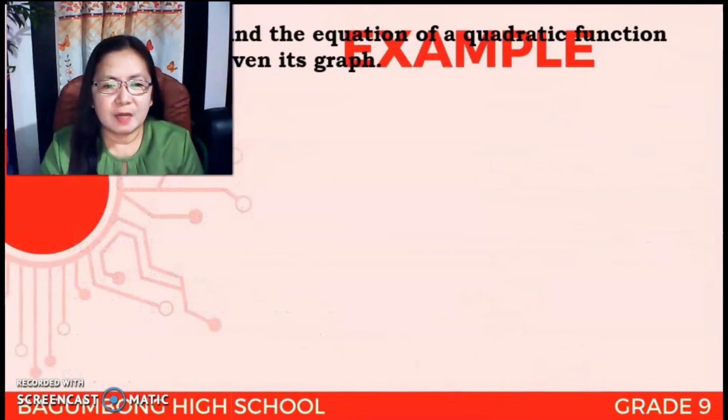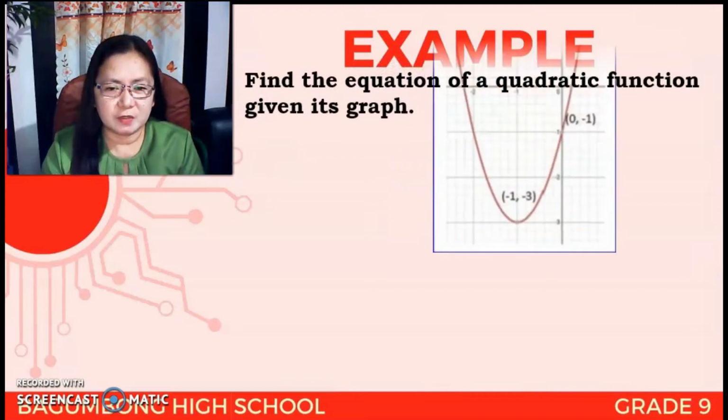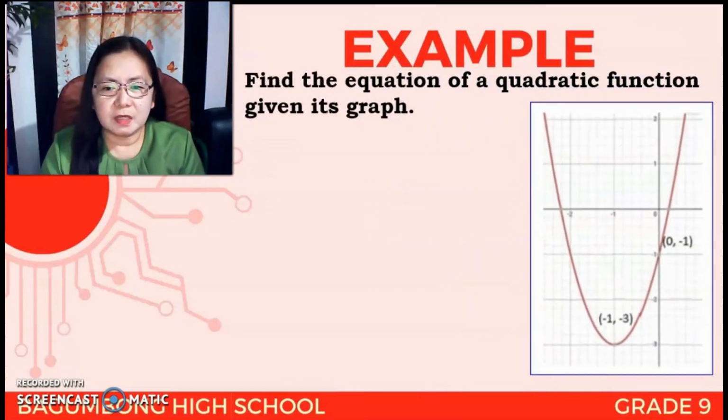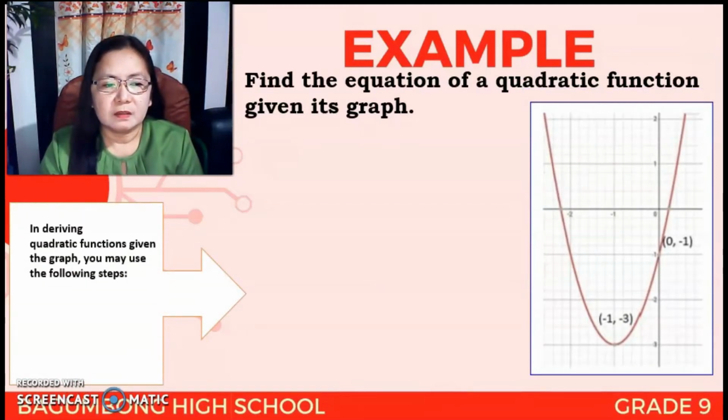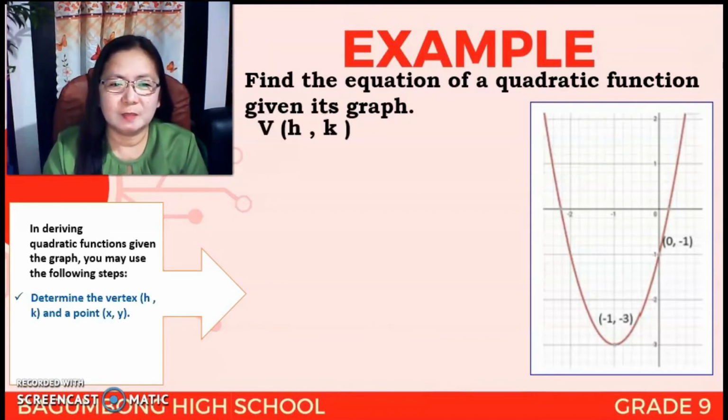Let's have another example, this time given the graph, how to determine the quadratic function. So, this is the graph of the quadratic function. In deriving a quadratic function given the graph, you may use the following steps. Number 1, determine the vertex (h, k) and a point (x, y). So, V represents the vertex (h, k).